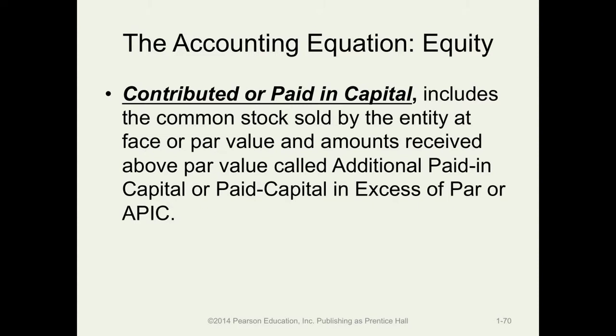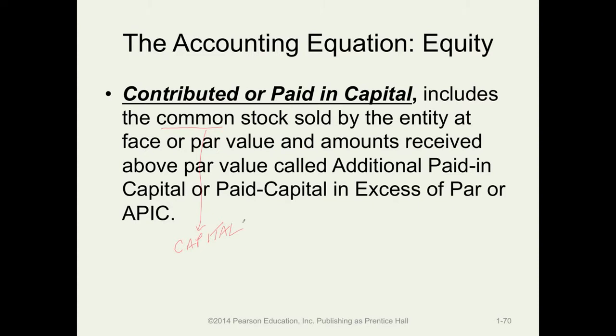Contributed capital, as I said, includes the amount of common stock sold, common or preferred stock, but we'll talk about common stock. When stock is referred to in general, it is known as capital stock. Sometimes it's just referred to as capital stock.